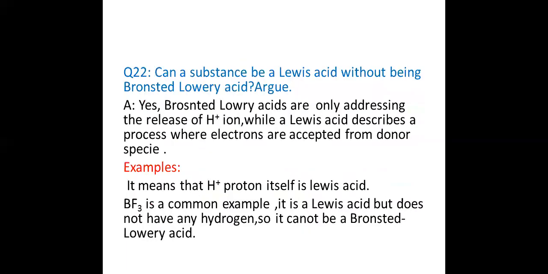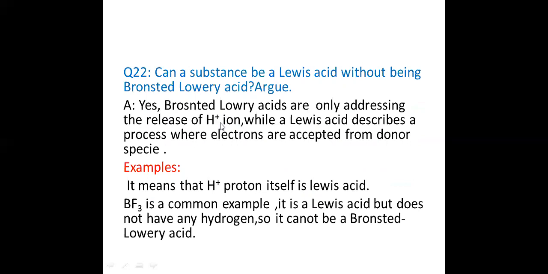Question number 22. Can a substance be a Lewis acid without being a Bronsted-Lowry acid? The answer is yes. Bronsted-Lowry acids only address the release of hydrogen ions. We can say that a species which can donate a proton is called a Lowry-Bronsted acid.